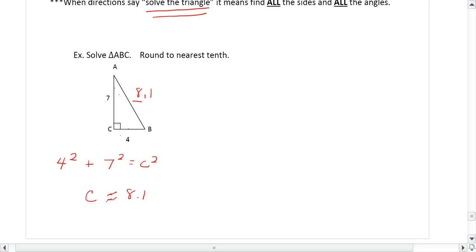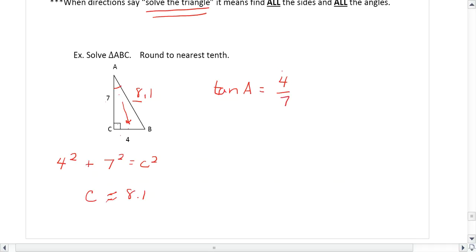I guess I'll find angle A first. We have all the sides, but we could use the side opposite, which is 4, and the side adjacent, which is 7, and those two sides would be in the tangent function. So the tangent of A is equal to 4/7.